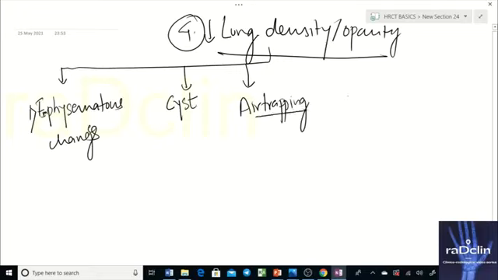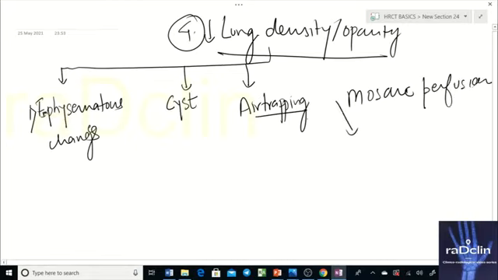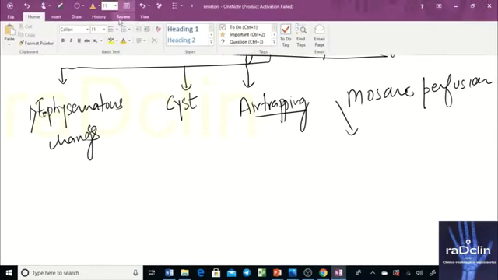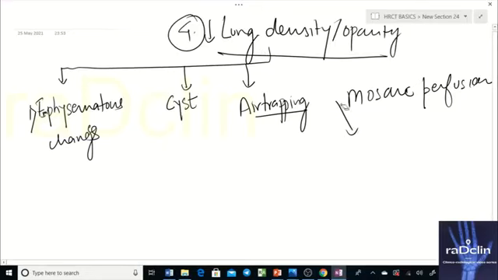Now, air trapping and the other term, mosaic perfusion, suggest the same concept, but with two different words. Why there are two different words, I'll tell in a minute.